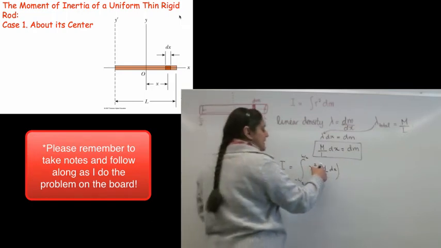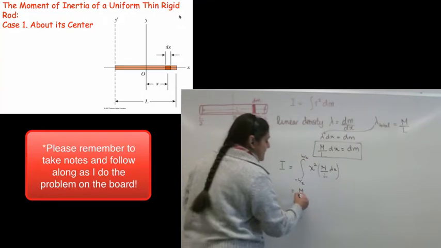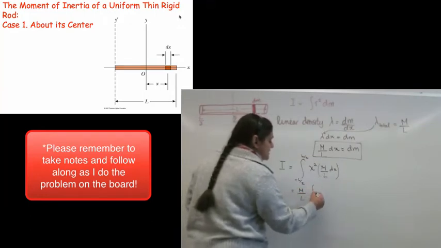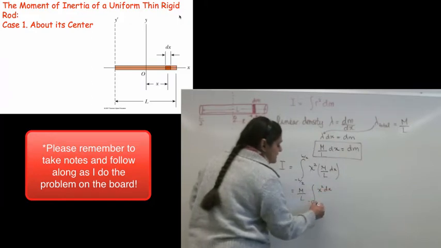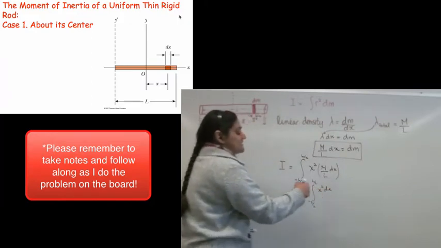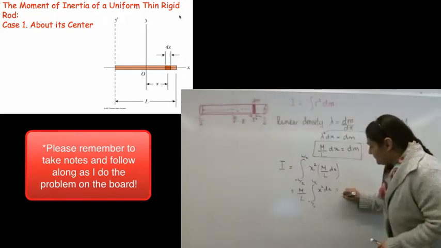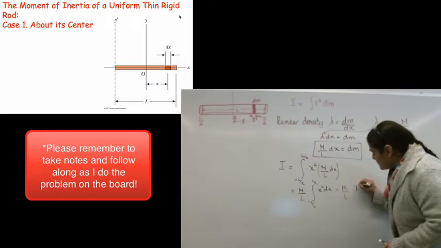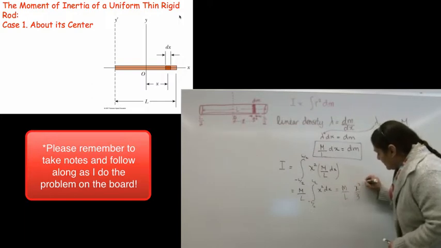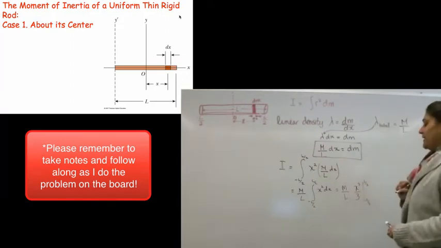Now m and L are constants in this case, so they can easily come out. So I will have m over L integration x squared dx from minus L by 2 to L by 2. Integration of x squared dx is simply m over L times x cubed over 3 from the limit minus L by 2 to L by 2.